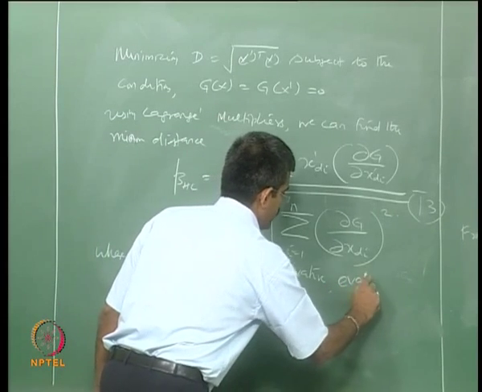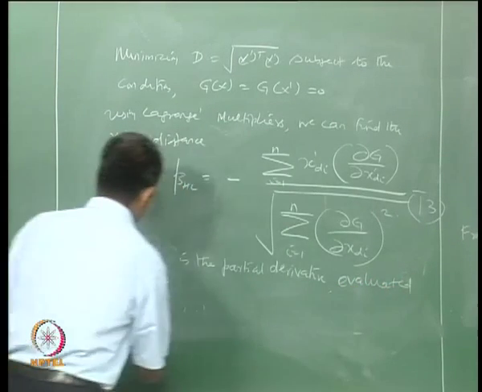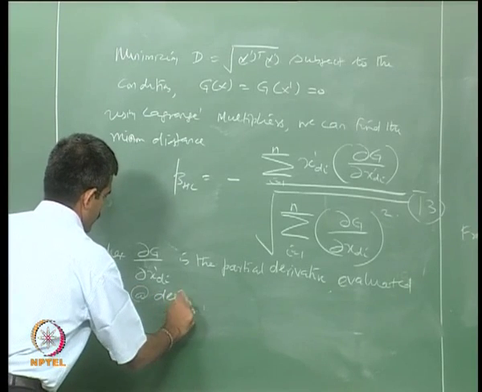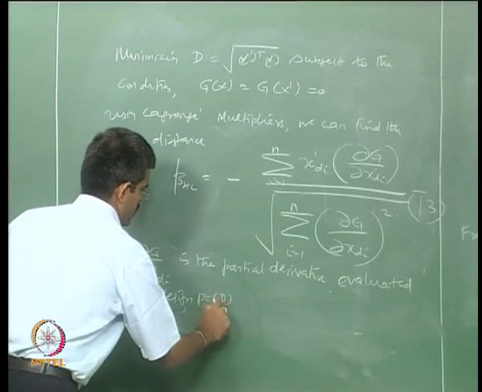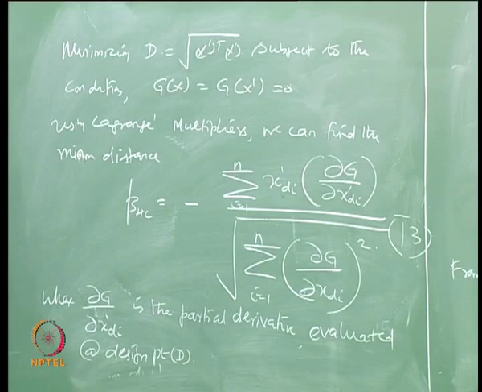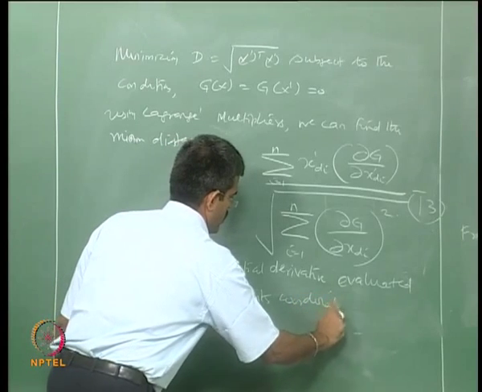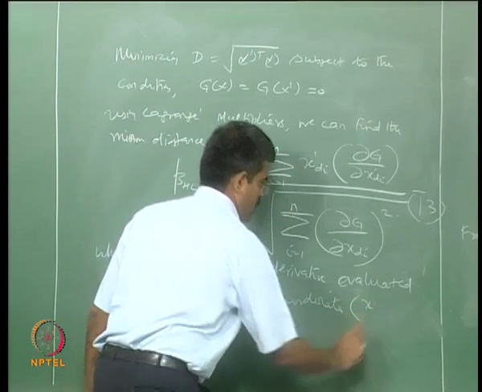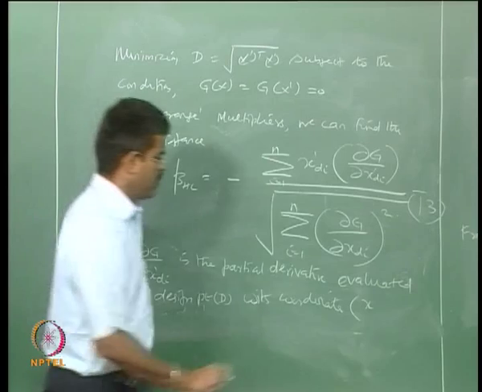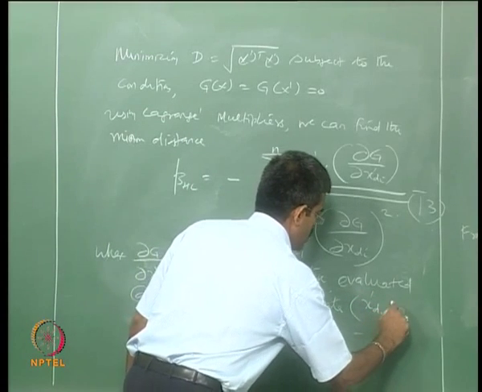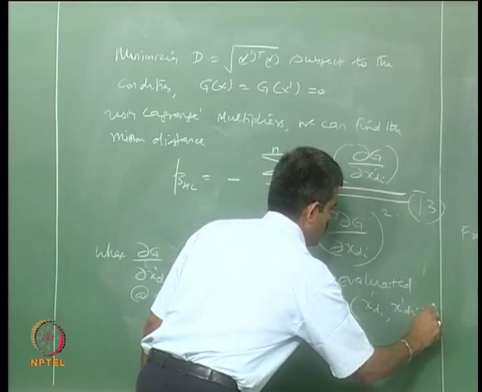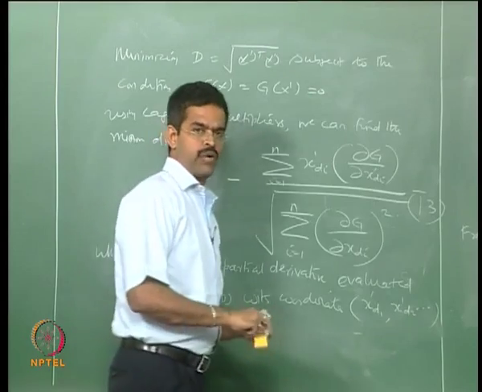It is evaluated at design point d with coordinates x dash d1, x dash d2 and so on. These are the coordinates of the design point.